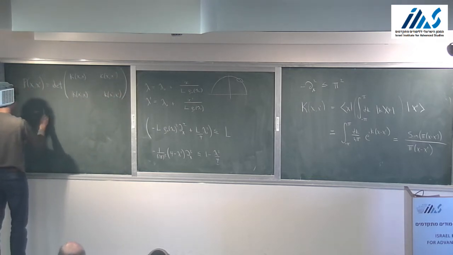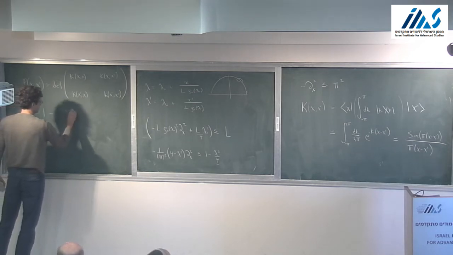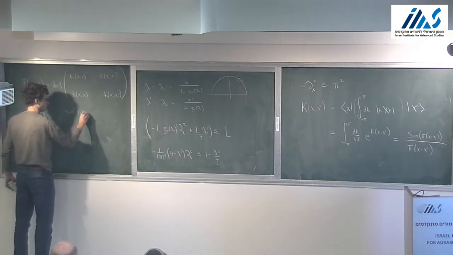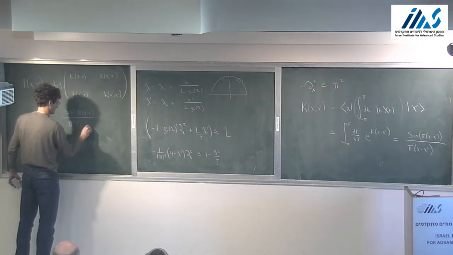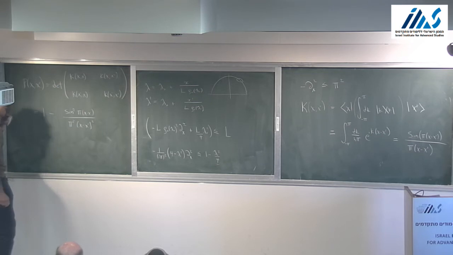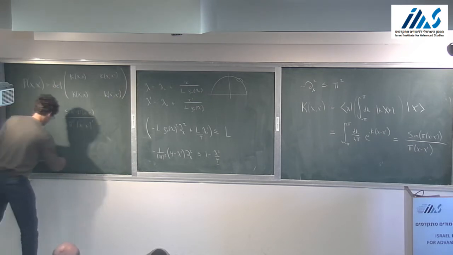And that determinant is 1 minus sine squared of pi times (x minus x prime), over pi squared times (x minus x prime) squared. So let's plot this function.